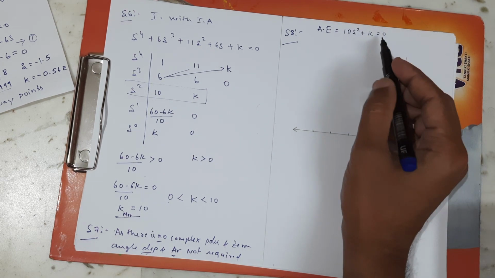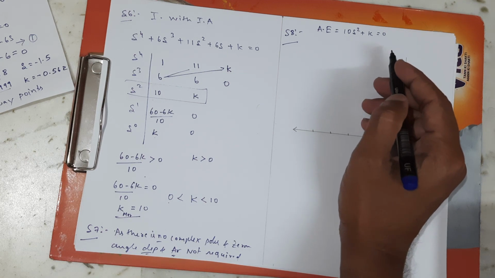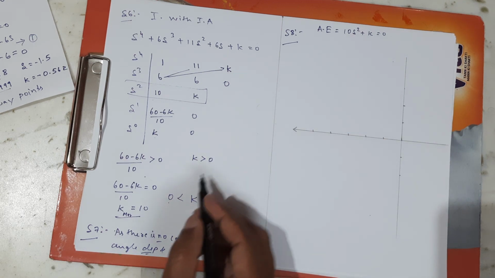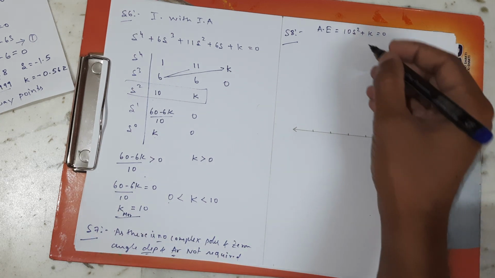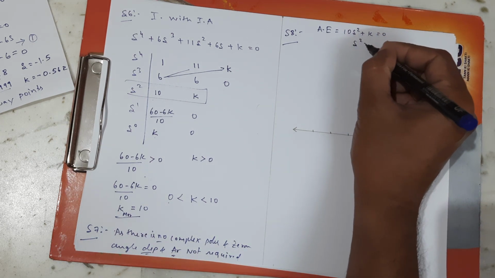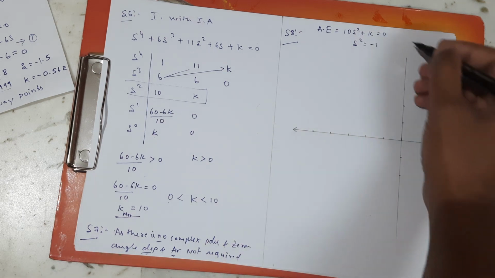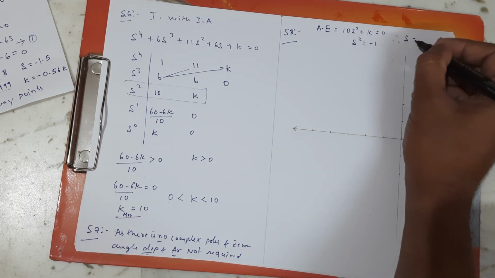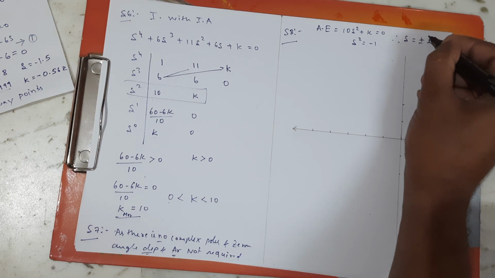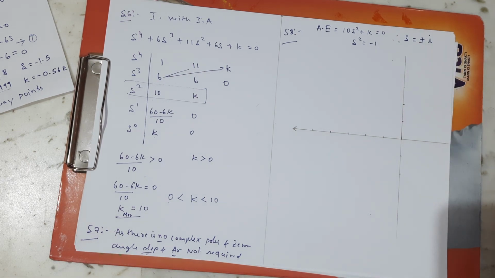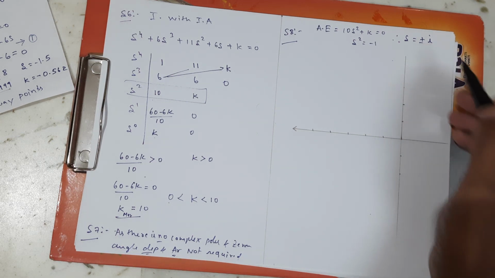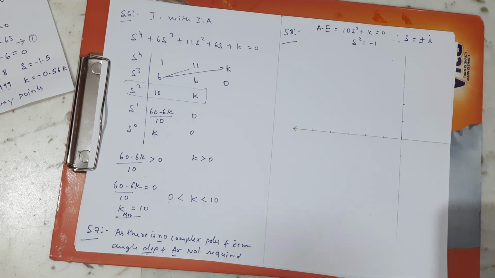Here I am going to substitute the k value as 10, that is what I got, k margin is equal to 10. Then s square is equal to minus 1. Therefore, s will be equal to plus or minus j. So this is the intersection of the root locus with the imaginary axis. It is going to intersect at plus j and also minus j.